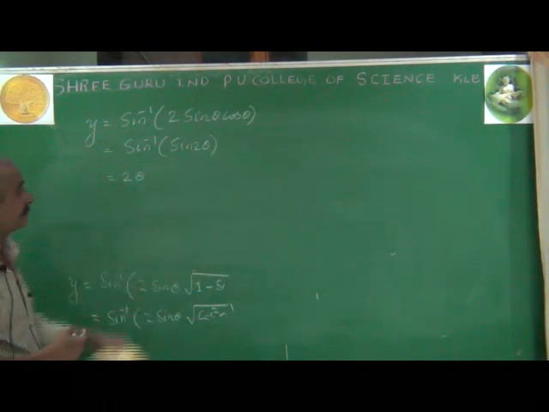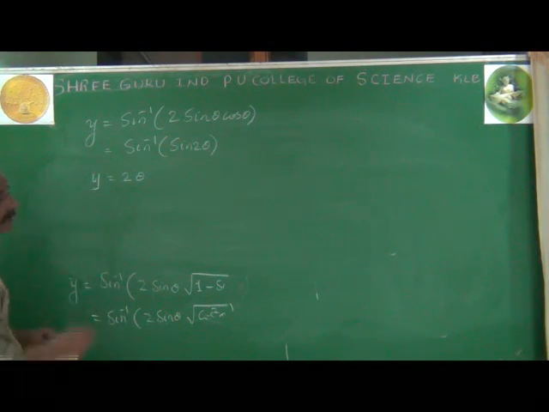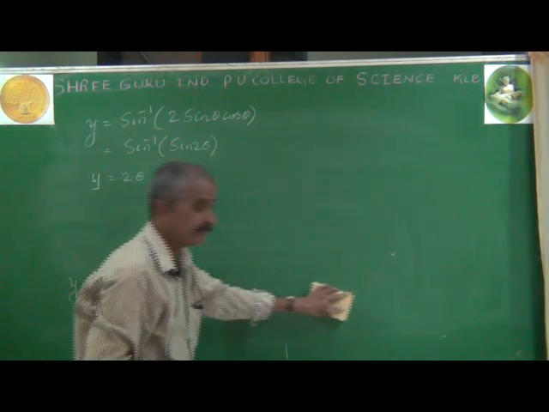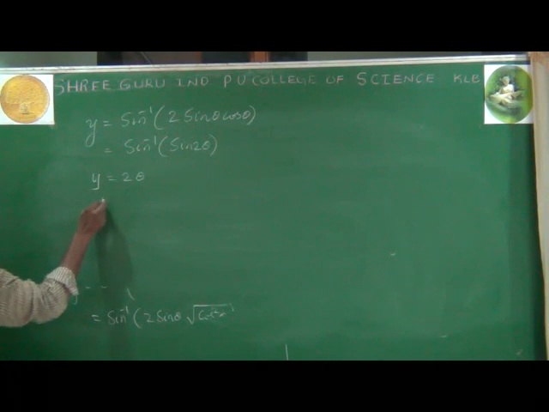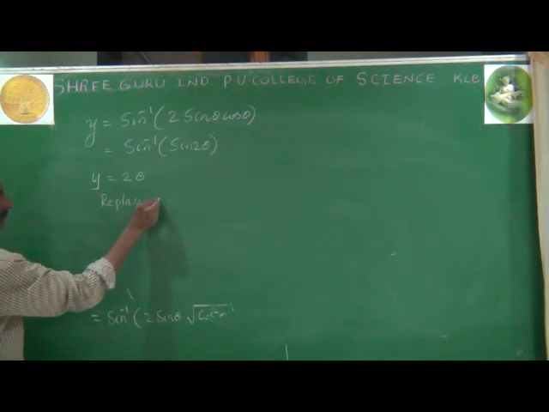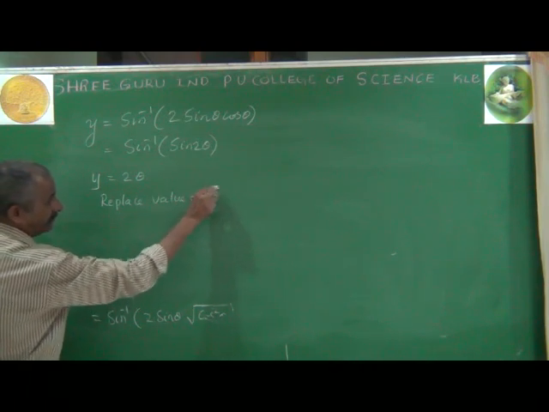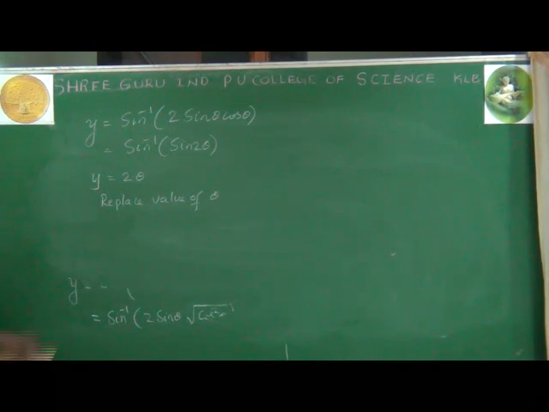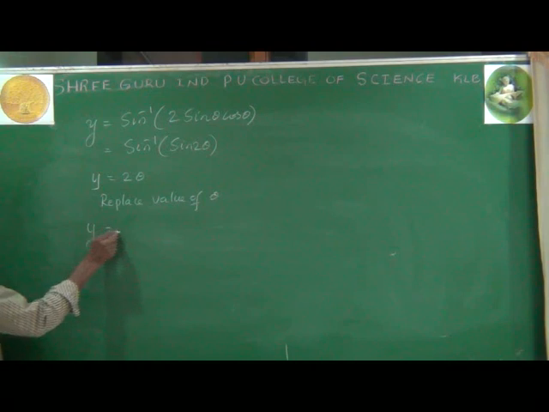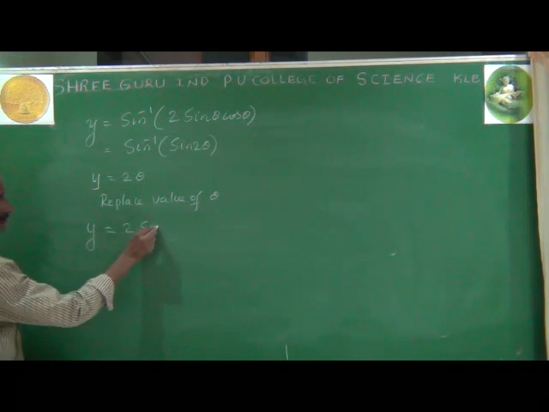The left answer is 2 theta. Now, more importantly, replace back the value of theta without fail. The theta value was found as sin inverse of x. Replacing the value of theta, y becomes 2 into sin inverse of x.